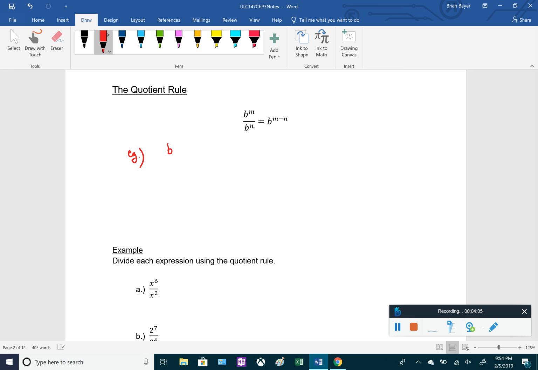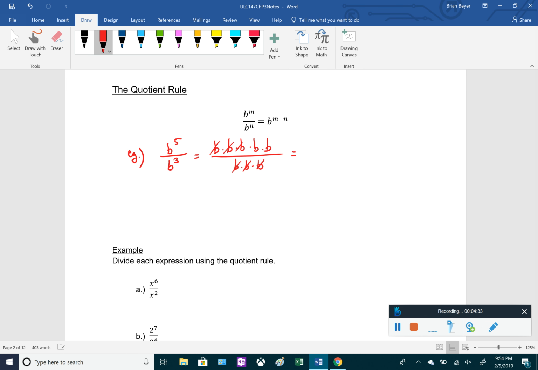Let's say we have b to the fifth over b cubed. Based on this rule, we know that the answer should be b to the second, because b to the 5 minus 3. B to the fifth is b multiplied together 5 times. B cubed is b times b times b. So what we can see here is that 3 b's will cancel in the numerator and denominator.